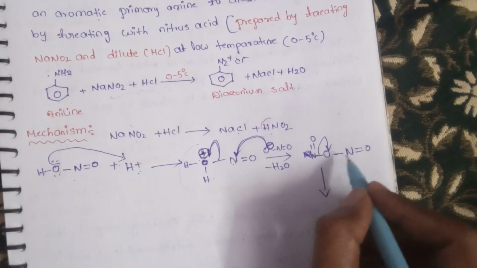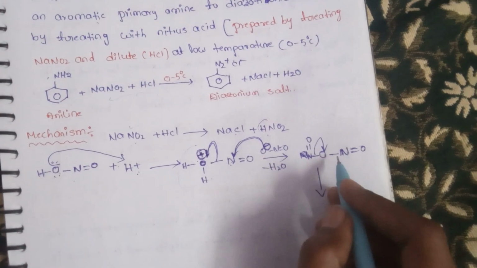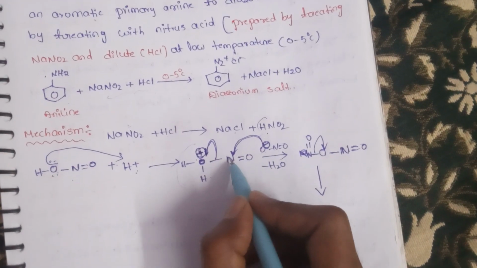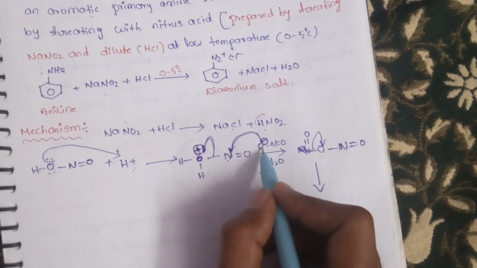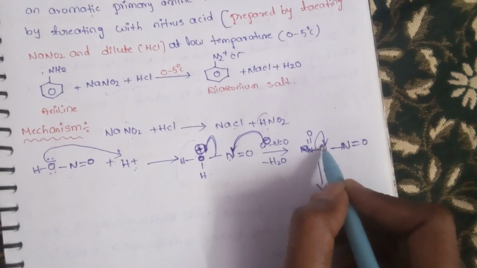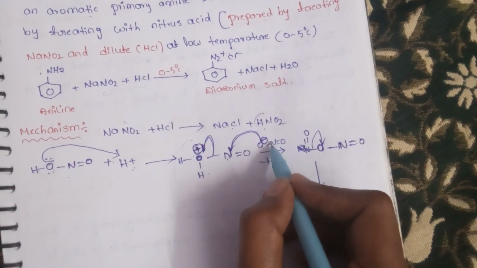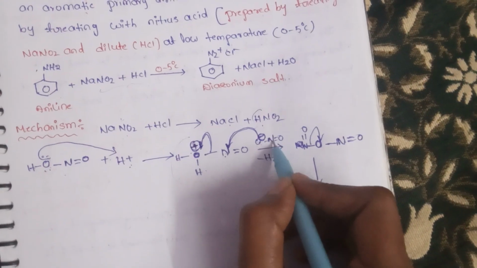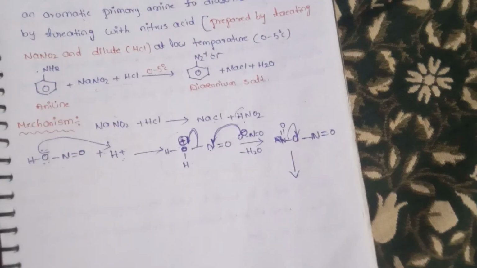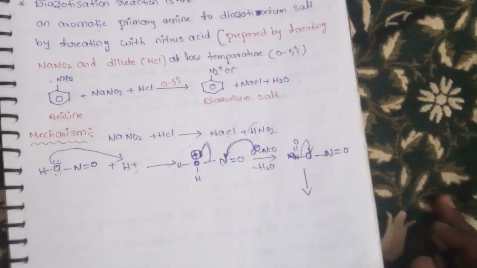Now we have to write like this, already has N double bond O, and this ONO reacts with this, that means this oxygen is bonded to nitrogen. Now we write oxygen, and again oxygen is bonded with N double bond O. Now we write like this N double bond O. So this is the nitrogen hydroxide.